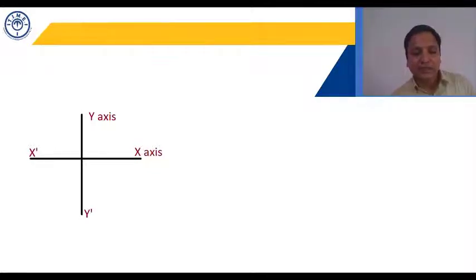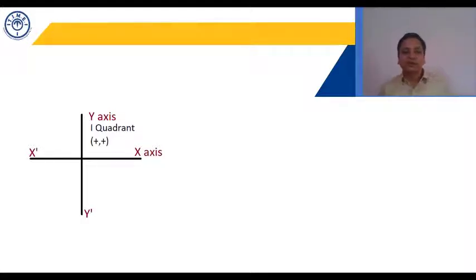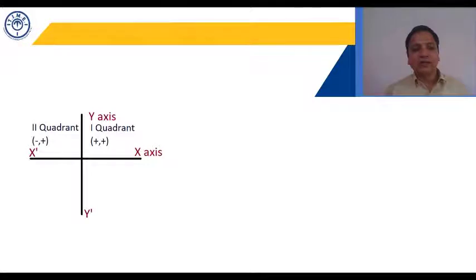Then these two axes divide the system into 4 quadrants. First quadrant, as shown, has x coordinate positive as well as y coordinate positive. This is our first quadrant. Second quadrant, x coordinate becomes negative because we move to the left side of the origin, but y coordinate is positive.